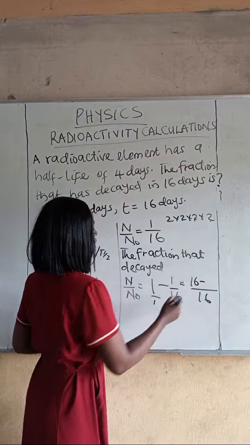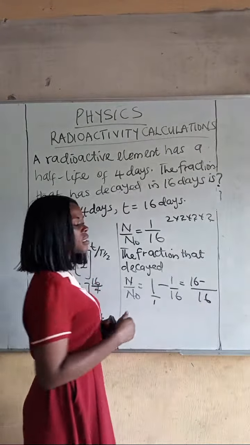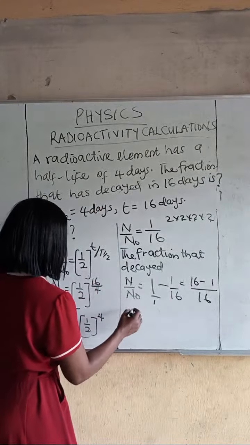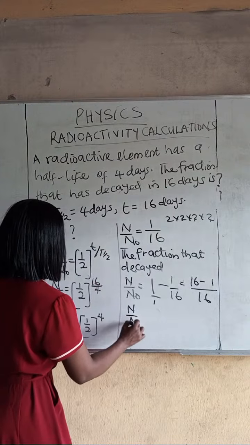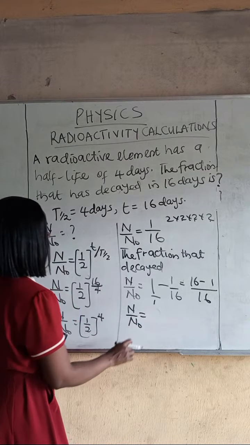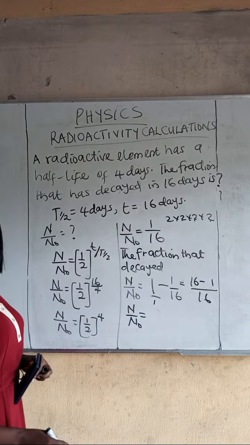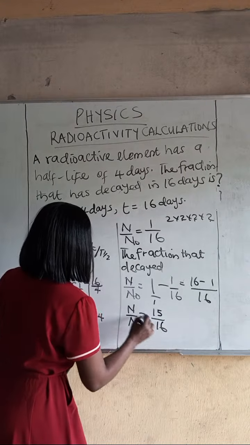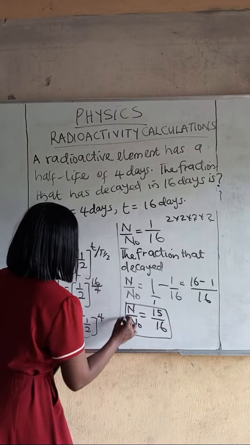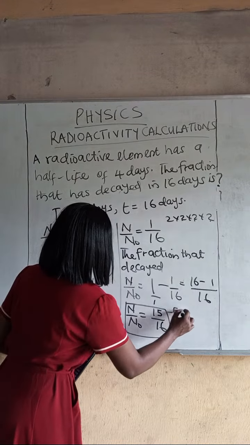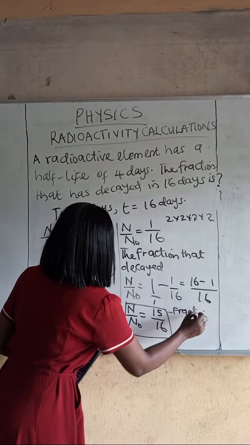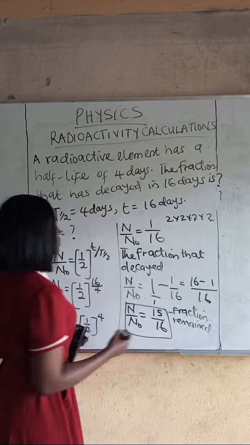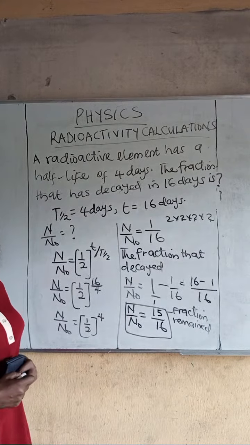So this is 16 minus 1. 16 into itself is 1, 1 times 1 is 1. So when you subtract, you get 15 over 16.